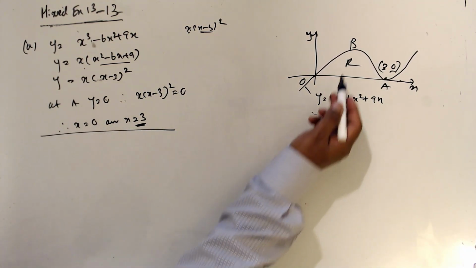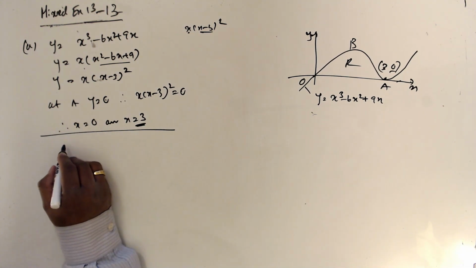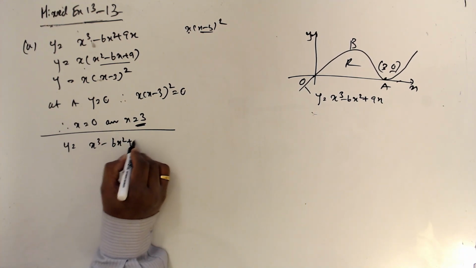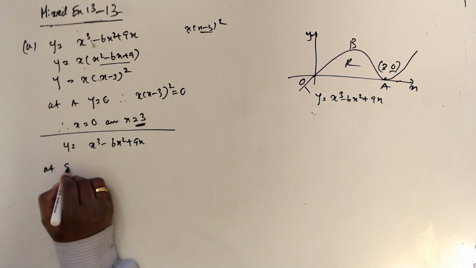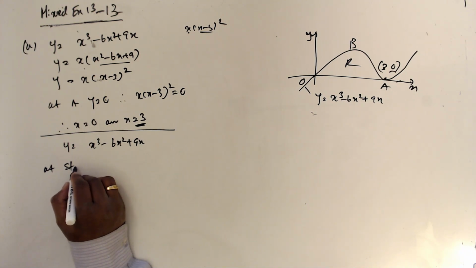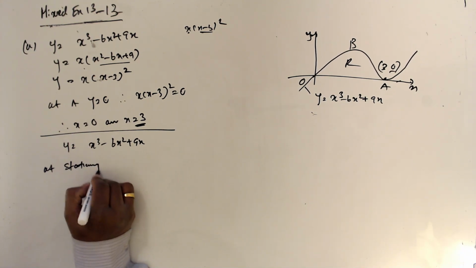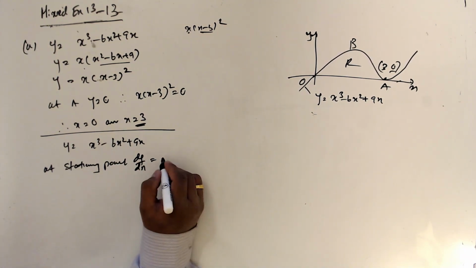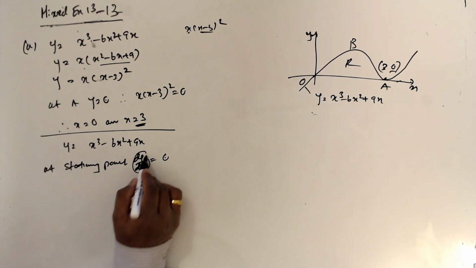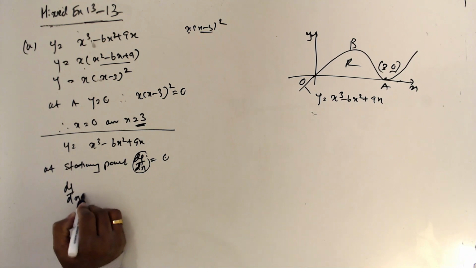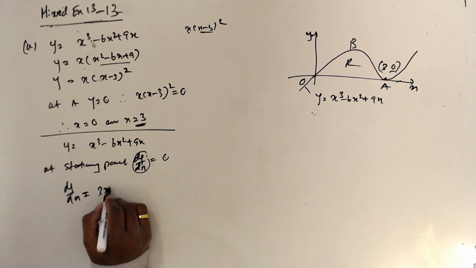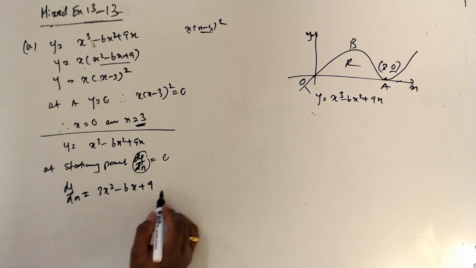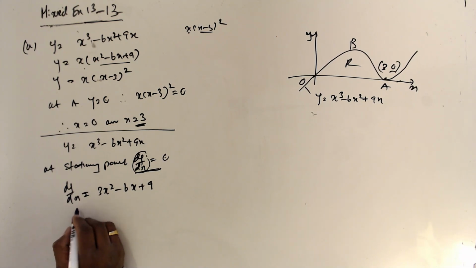And we want to find the local maximum, so we have to differentiate. y equals x cubed minus 6x squared plus 9x. At a stationary point, dy over dx equals 0. So we want to find dy over dx. dy over dx is 3x squared, not integration, differentiation now, minus 12x plus 9.